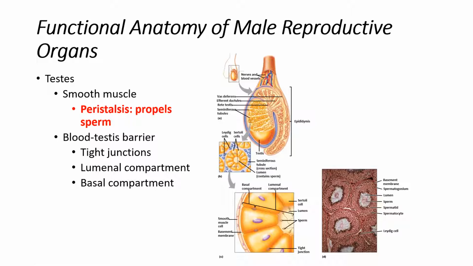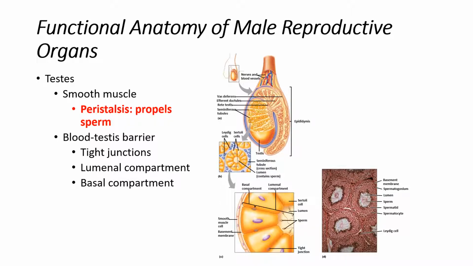If you remember the blood-brain barrier, which was formed by the astrocytes, it was pretty much protecting the nervous tissue from any exposed pathogens, bacteria, viruses, toxins that could be in the circulating blood. So there's a distinct barrier between nervous tissue and blood. Here we see a very similar relationship.